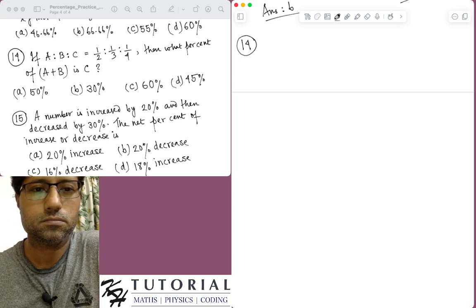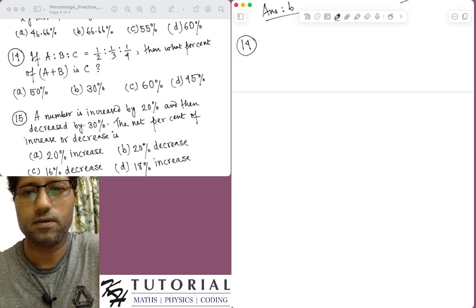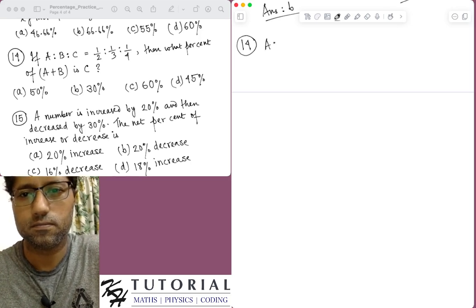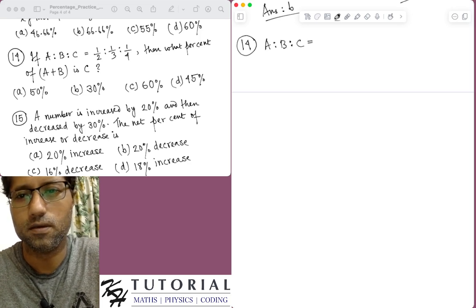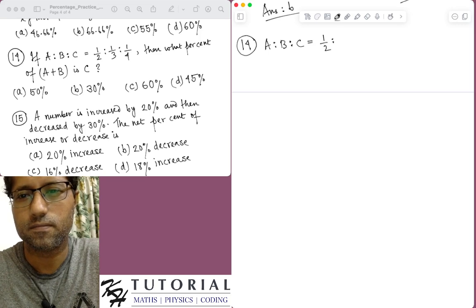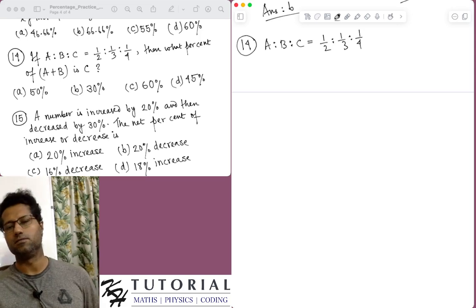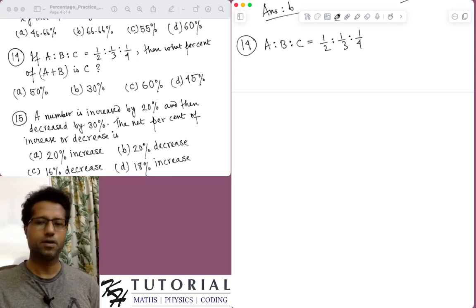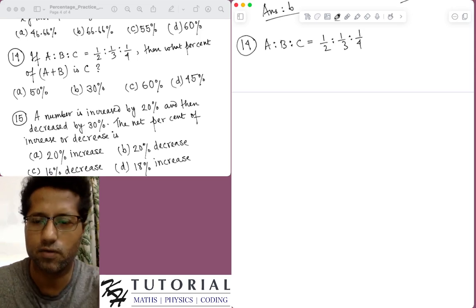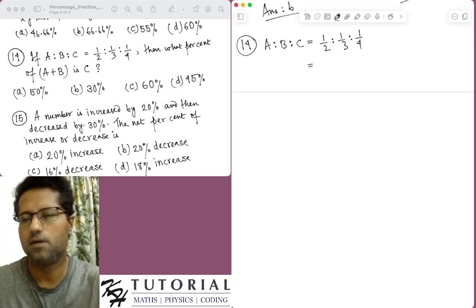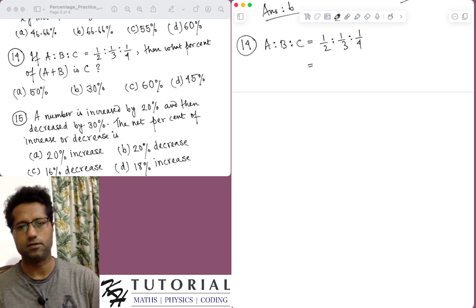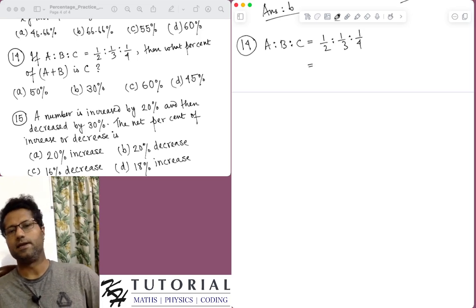Now A is to B is to C is given to be half is to 1/3 is to 1/4. It's better we get rid of the fractional terms in the ratio and make them integers. How can we convert this ratio, that is half is to 1/3 is to 1/4, so that it has integer terms?